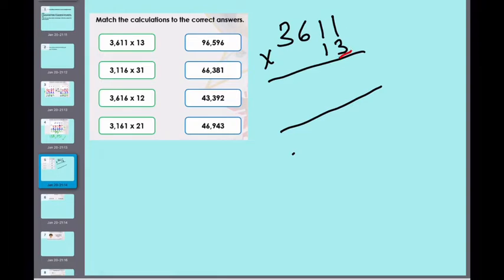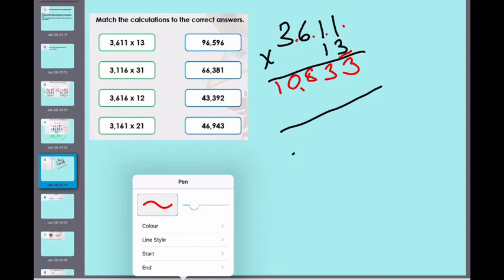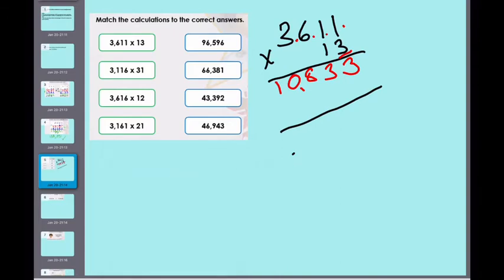So 3 times 1 is 3, 3 times 1 is 3, 3 times 6 is 18, 3 times 3 is 9, add the 1 is 10. I've got 110, I've added that placeholder.